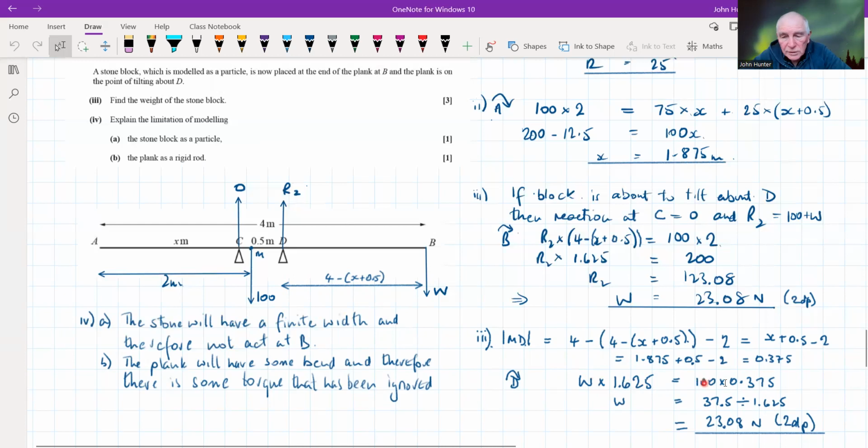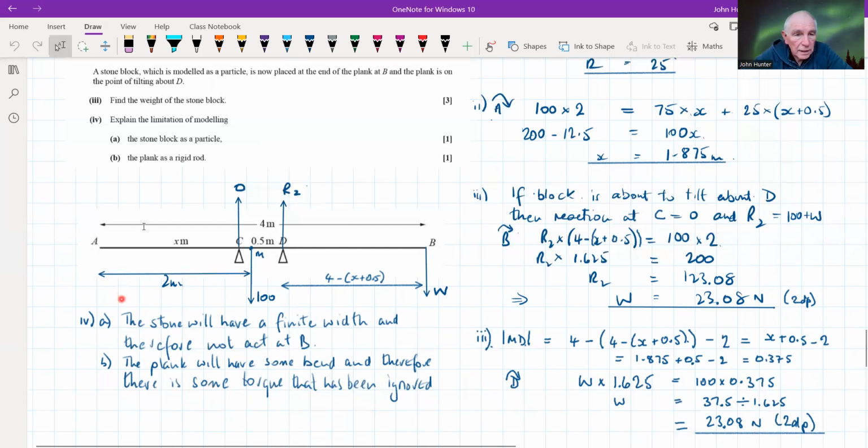And then in the anti-clockwise sense, we've got 100 newtons acting 0.375 meters from the center. So an equation in W, which you might simply work through, and of course it gives us the same answer, 23.08 newtons to 2 decimal places.